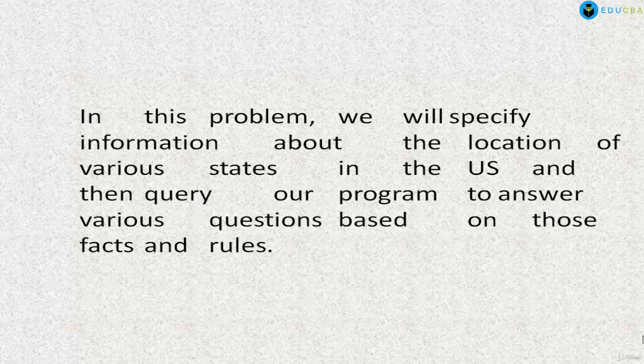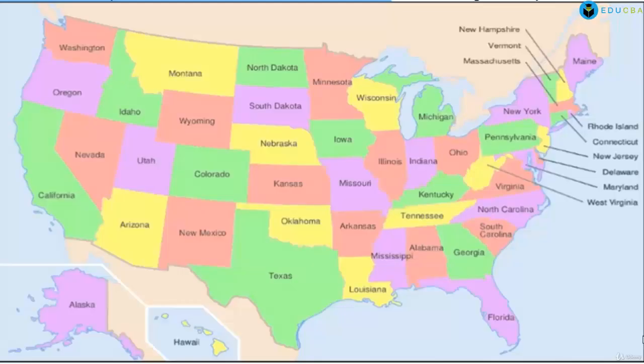So basically, we are providing a map of US, and then we are finding information about different locations of various states in the US, and then we are querying our program. So let's see, this is the information which we are providing to our program, that is your fact and rule, and that is your map of US.